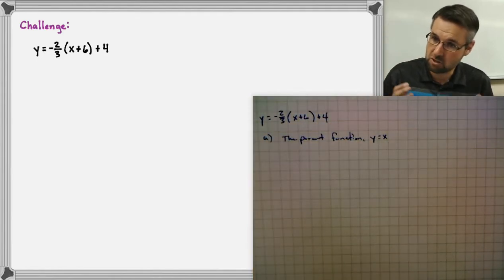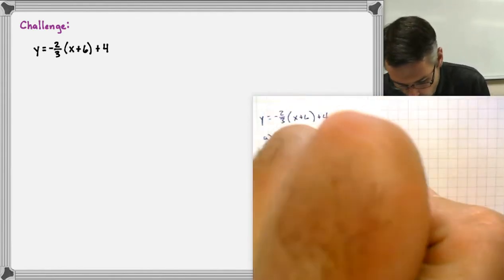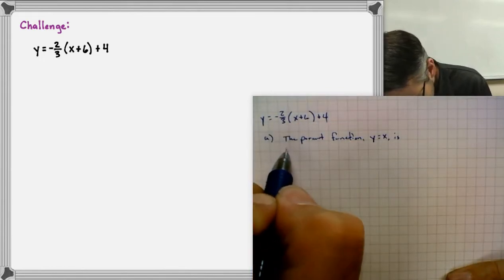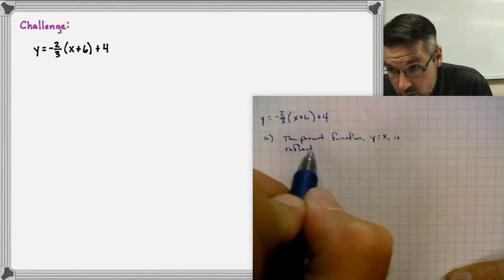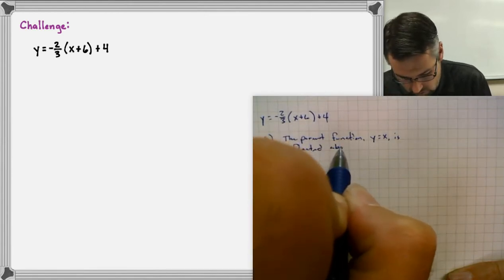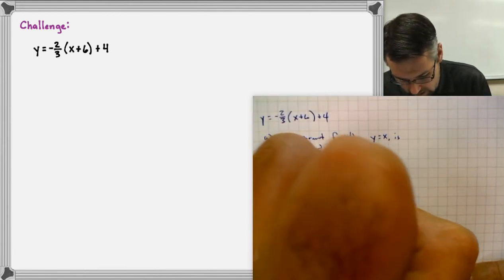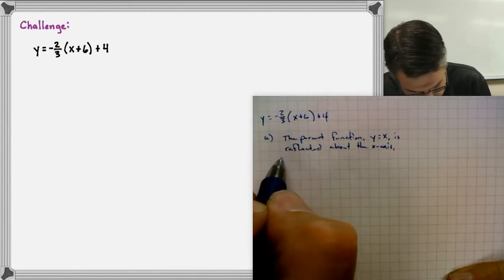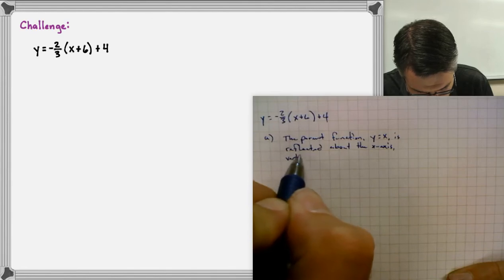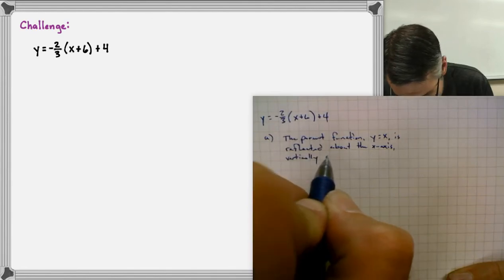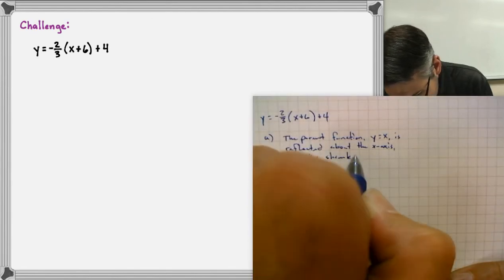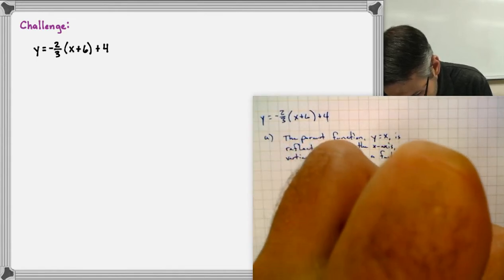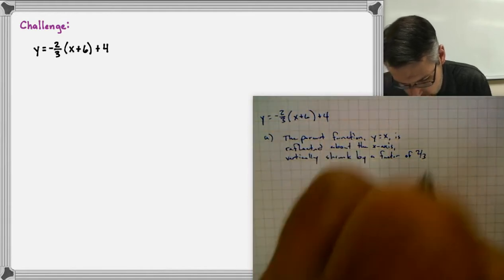That is the parent function of a line, right? Y equals X is what? Well, we see the negative, so we'd say it's reflected about the x-axis, okay? And we would say that it is vertically shrunk by a factor of 2/3.